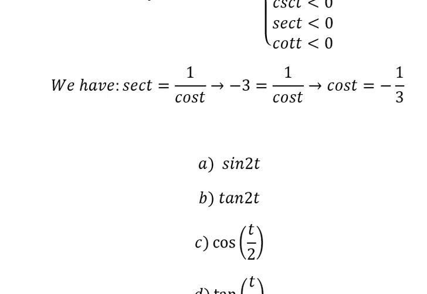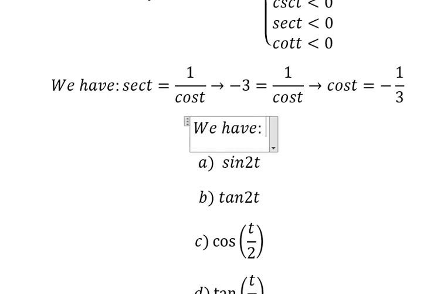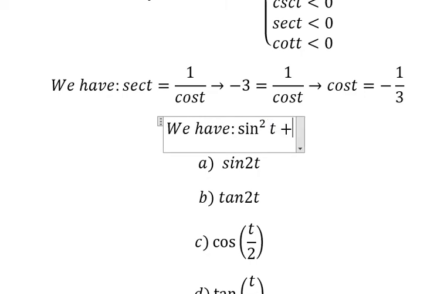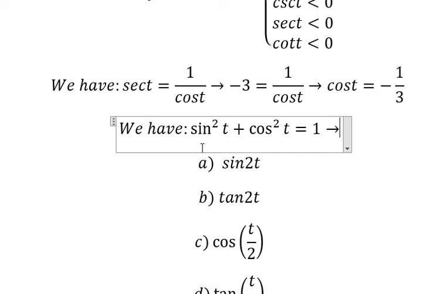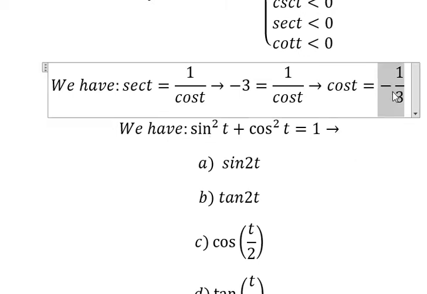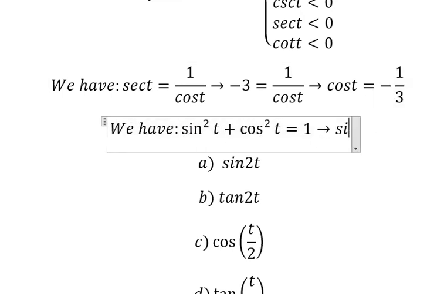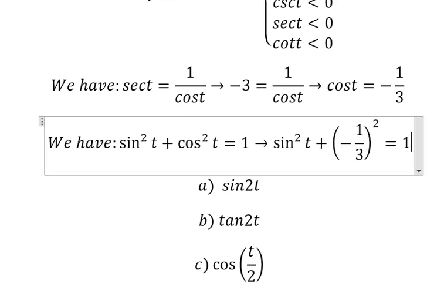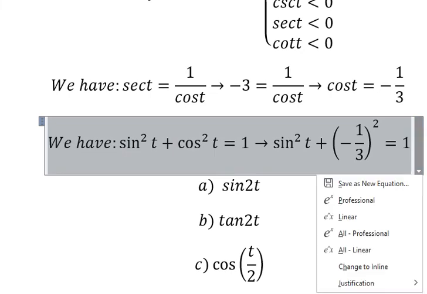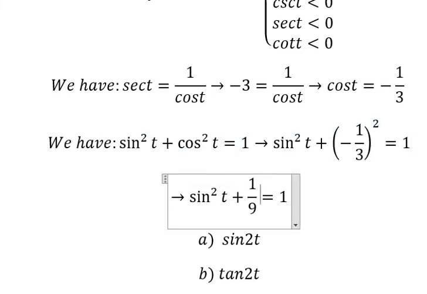Next, we have the second formula in here. Sine t squared plus cosine t squared equals 1. So we know cosine t is this one, so I will put this in here to find sine t. So we have 1 over 9.